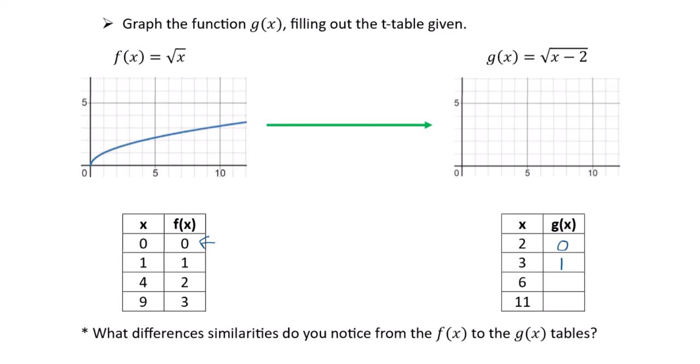Square root of 4 is 2. And 11 right here minus 2 is 9, and the square root of 9 is 3. So I here have 2, 0, 3, 1, 6, 2, and 11, 3.